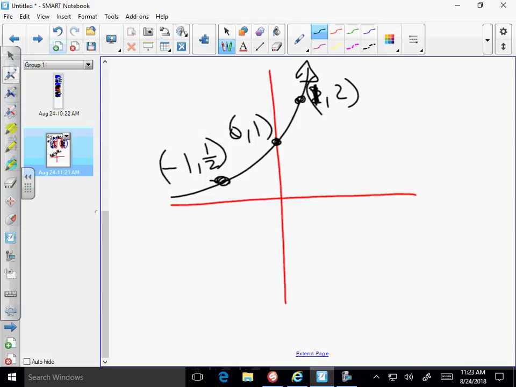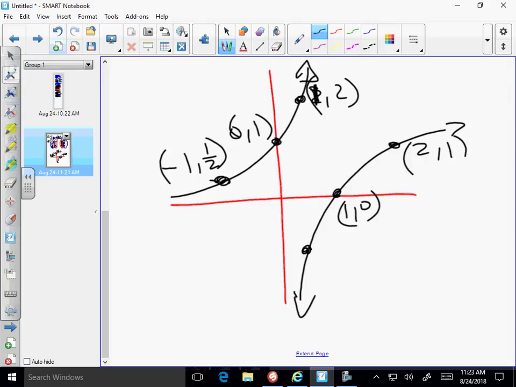Very good. So let's say I have these and these: (1, 0), (2, 1), (1/2, -1). Here's f of x, here's g of x, and I ask you the question, are f of x and g of x inverses of each other, Parker?